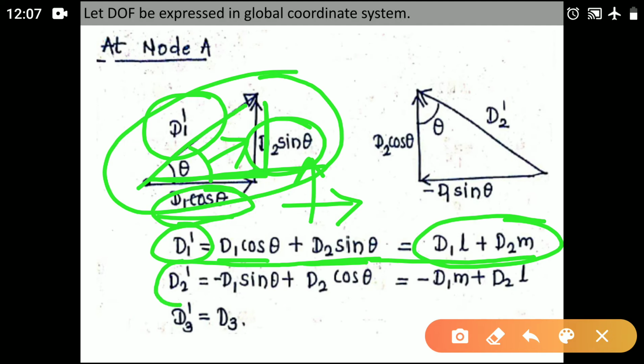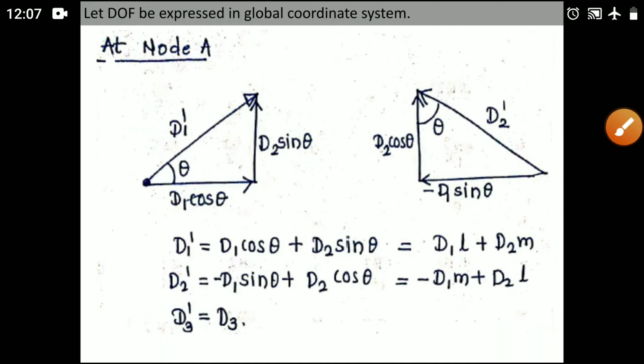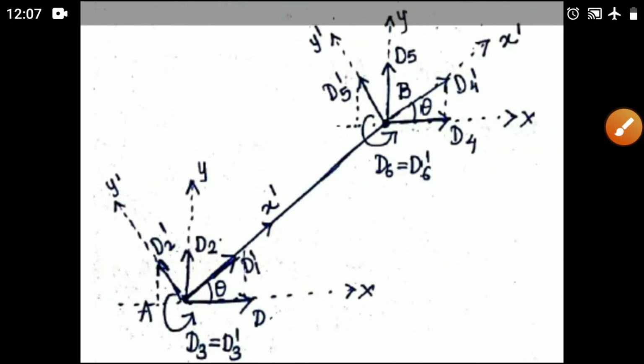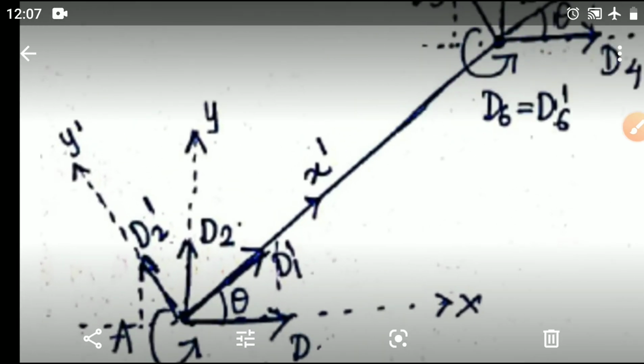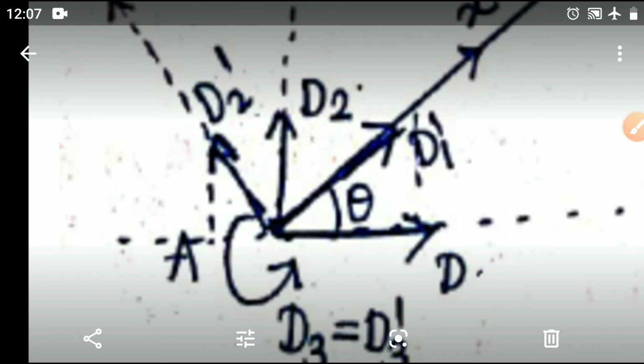Similarly, we have to write for d2 dash and d3 dash also. So for d2 dash, which can be written in terms of d1 and d2, you have to again see the figure at node A. At this node A, this is the hypotenuse d2 dash. You have to make the triangle.